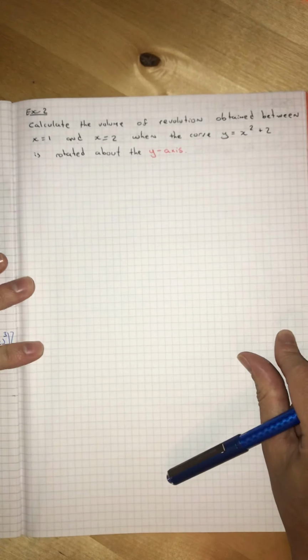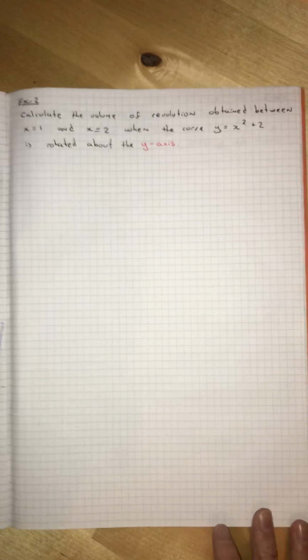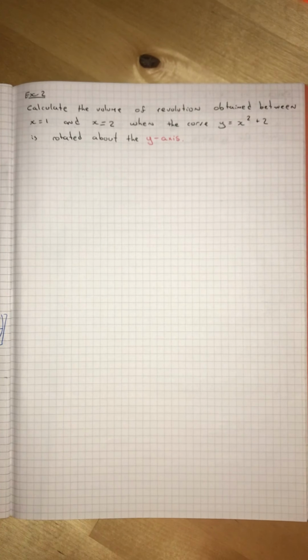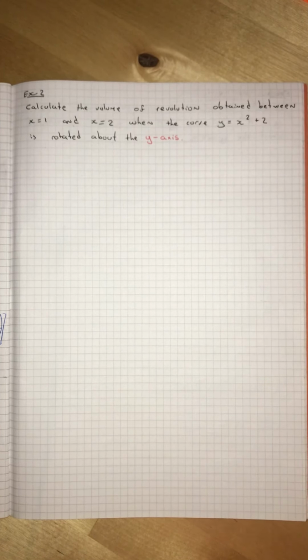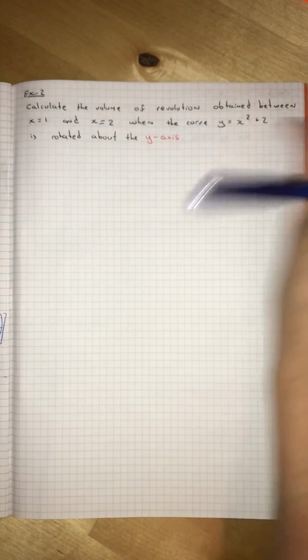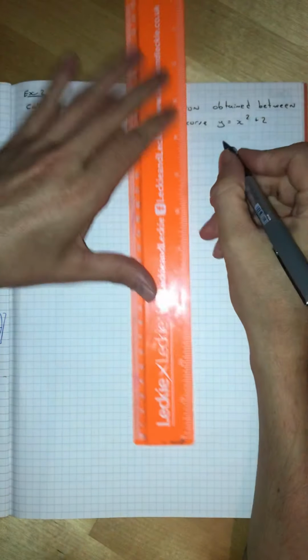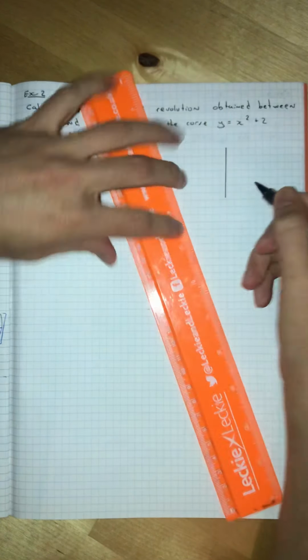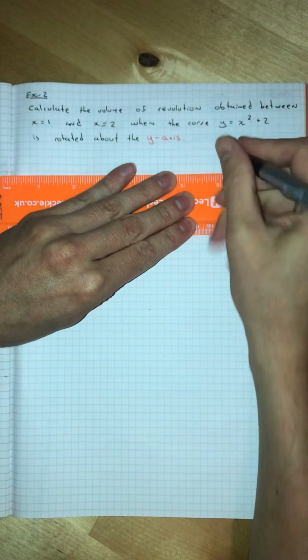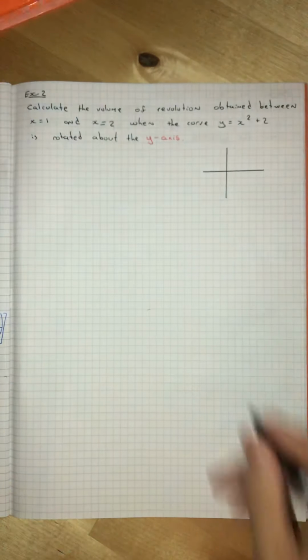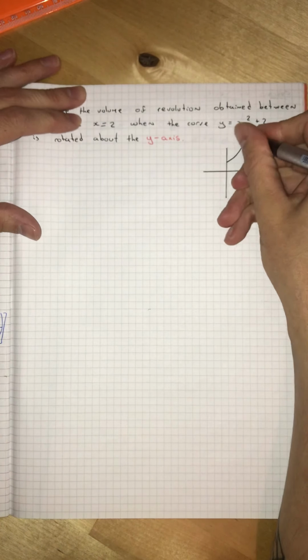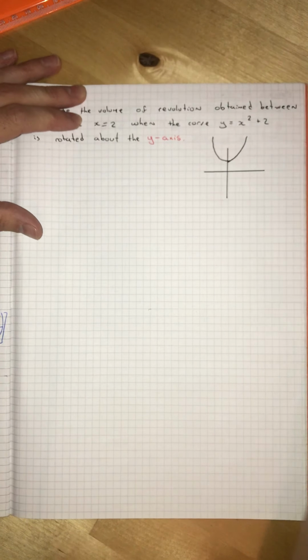Calculate the volume of revolution obtained between x equals 1 and x equals 2 when the curve y equals x squared plus 2 is rotated about the y-axis, not the x-axis. Okay, so if I were to quickly sketch that out, x squared plus 2 is roughly going to look like that.